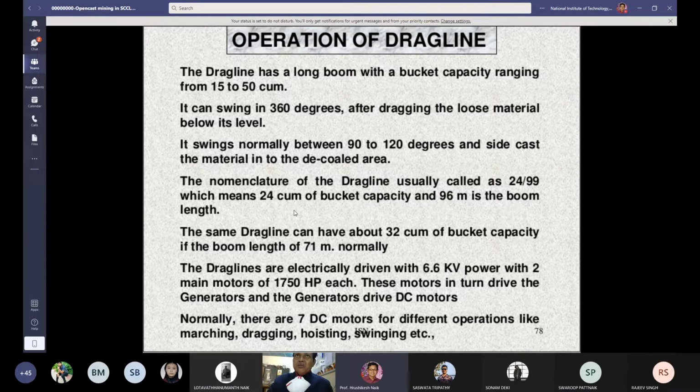The nomenclature of the dragline is usually called as 24 by 99. What does it mean? 24 by 99. What does it mean for a dragline? 24 by 99 dragline means the 24 cubic meter is the bucket capacity and 99 meter is the boom length. Boom length is 99 meter.